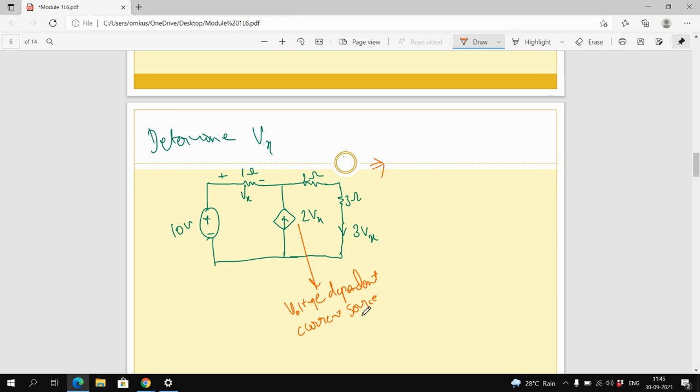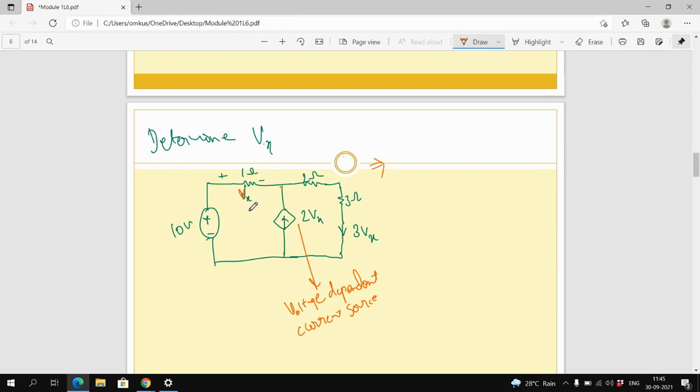Now see, this is a voltage dependent current source. So this acts as a current source, but this current source is dependent on the parameter of this voltage. Apply the KVL here. Now see, this is a voltage Vx, right?